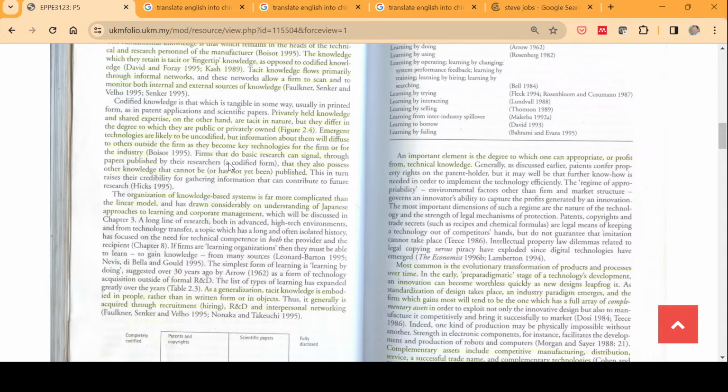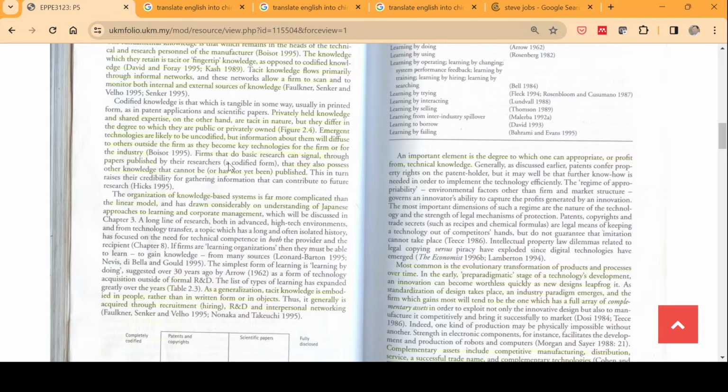That's the range. This side is codified, and more toward here is tacit. Here privately owned. The other extreme is publicly owned. This is private.